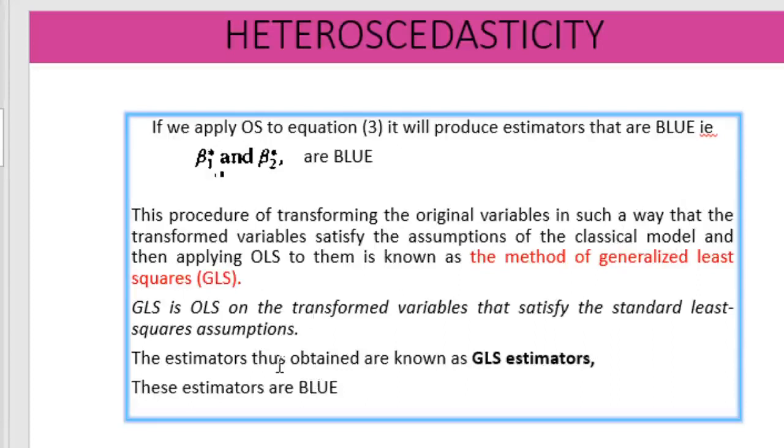GLS is OLS on the transformed variables that satisfy the standard least square assumptions. The estimators thus obtained are known as GLS estimators. These estimators are BLUE. This is the GLS estimates.